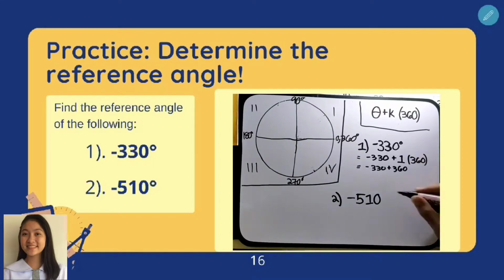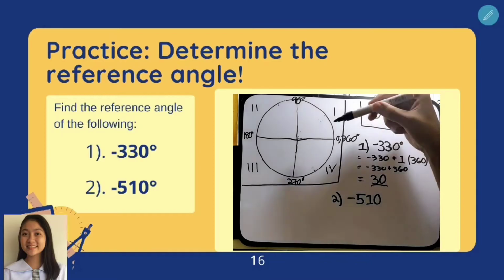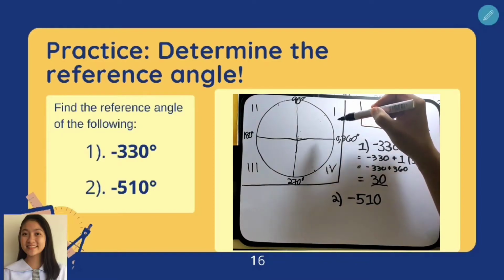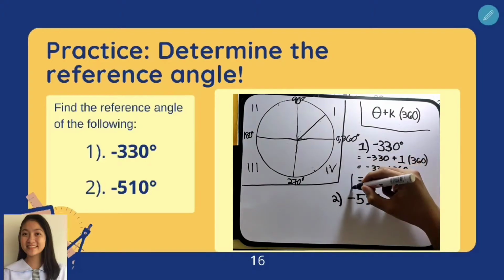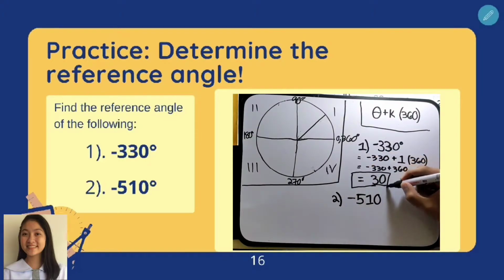Then add negative 330 to 360. Therefore, we found out that negative 330 degrees is coterminal with 30 degrees. Then use the 30 degrees to find the reference angle. Since it is in quadrant 1, then our reference angle is also 30 degrees.